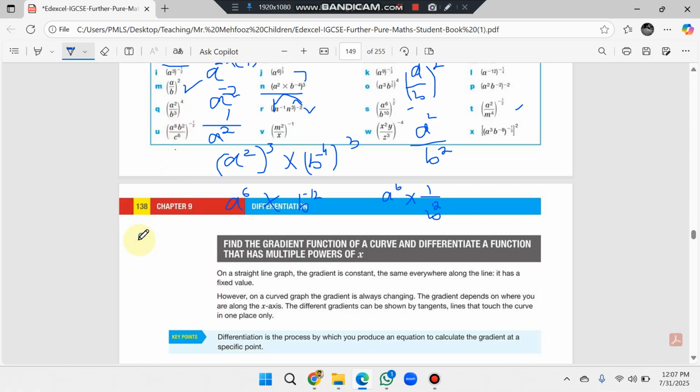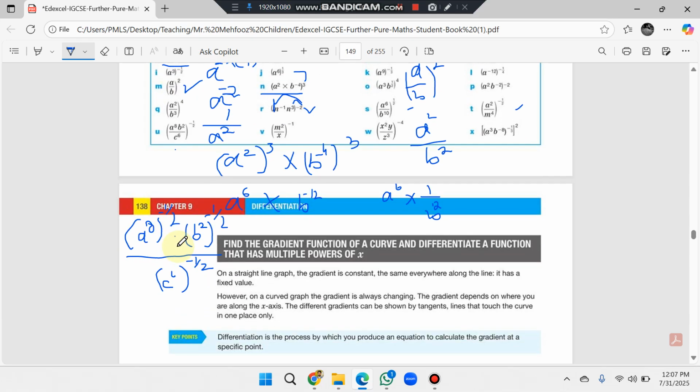So it will become a raised to the power 8 whole power minus 1 over 2, also b squared whole power minus 1 over 2, over c raised to the power 6 whole power minus 1 over 2. Understand?